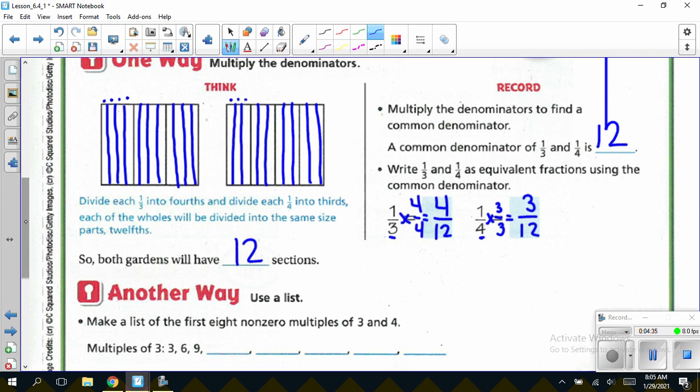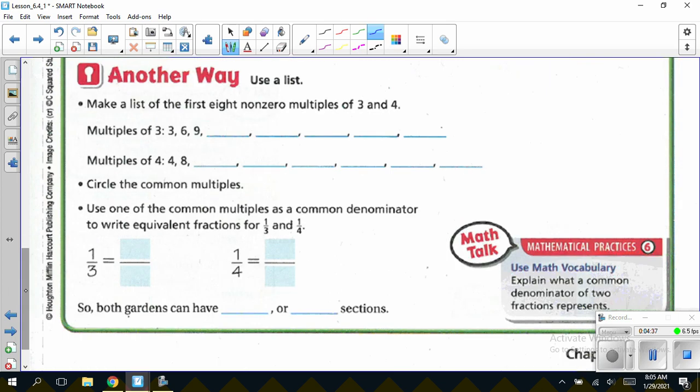Now another way is to use our list like we did when we were using the least common multiples. So we are going to make a list of the first 8 non-zero multiples of 3 and 4. So again, from our LCM lesson, we knew that we were just counting by that number. And if we were struggling with counting by that number, then remember we were multiplying.